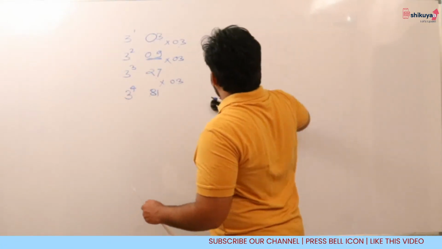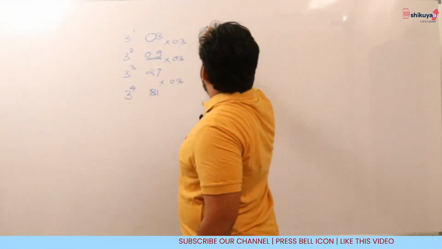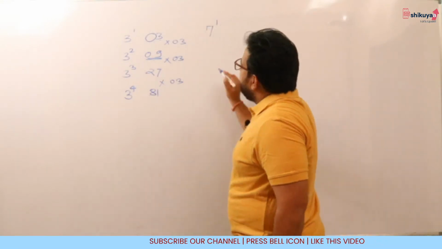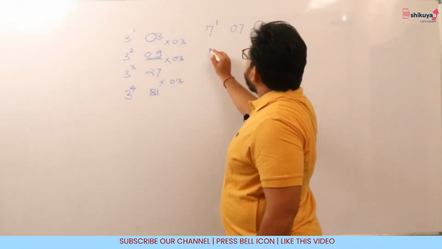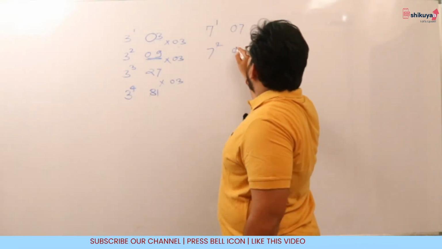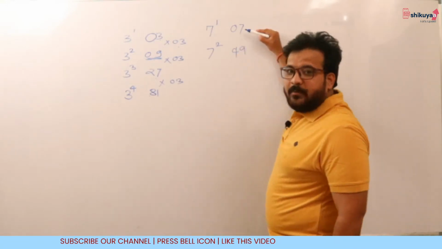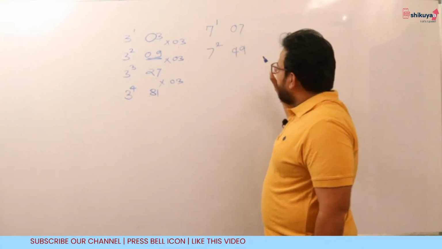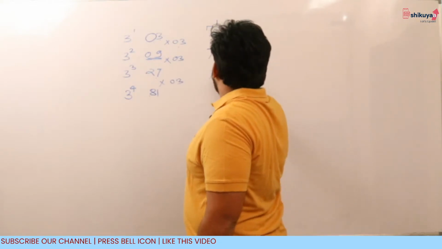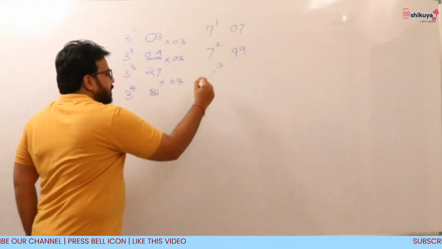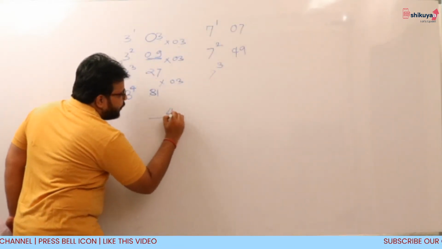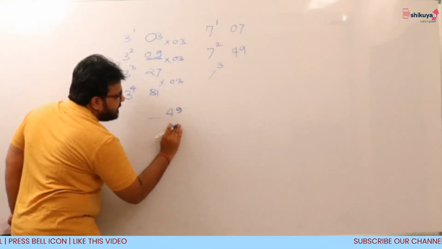In a similar way, let us calculate 7 raised to 1, that is 7. 7 raised to 2 is 49. That means I have simply multiplied 7 into 7, 49. Now 7 raised to 3. What do I mean by this? You have to multiply 49 by 7 again.